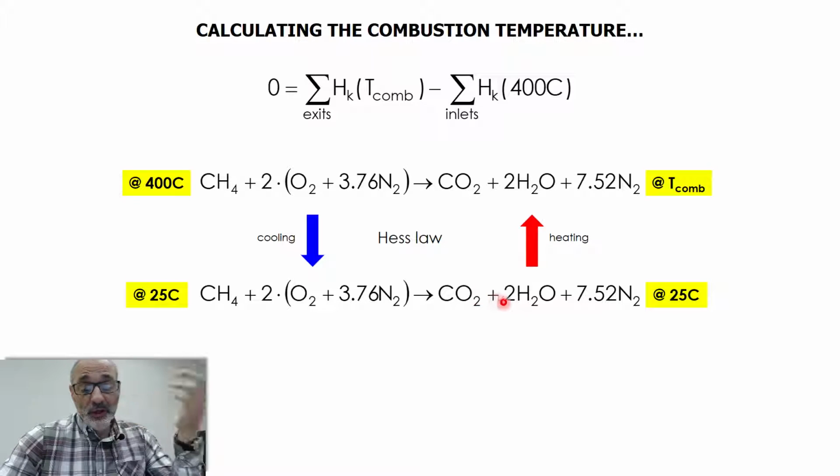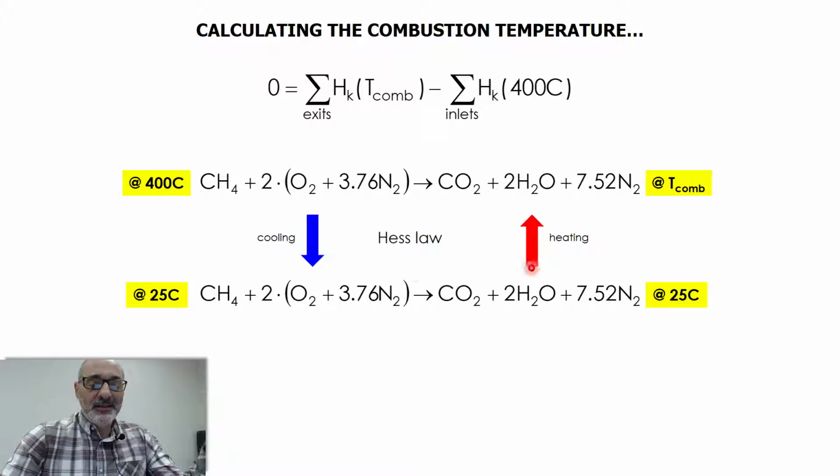So we know a priori that this reaction releases heat, so in order to maintain the temperature at 25 degrees, you have to remove heat. Then, when all species have reacted, we heat the combustion gases to the final temperature, which we denote as T_COM, the combustion temperature.